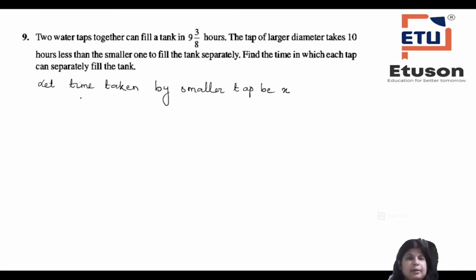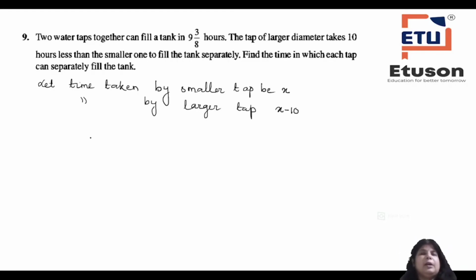Then the time that will be taken by the larger tap will be how much? Takes 10 hours less, so x minus 10. So in 1 hour how much water will be filled by the smaller tap? It will be 1 by x.